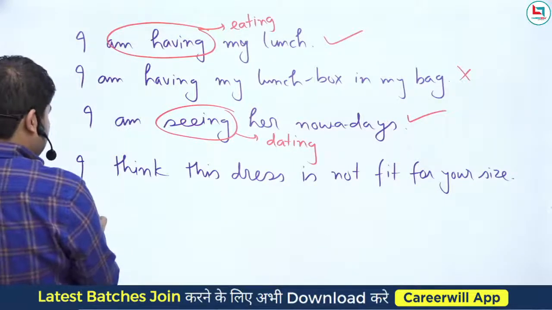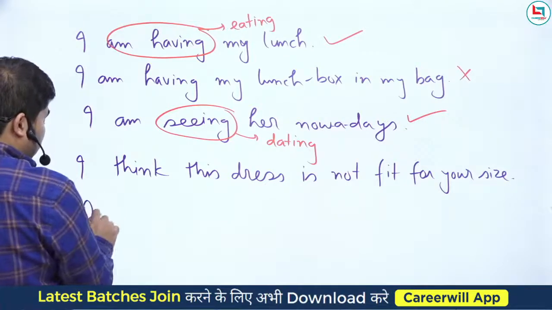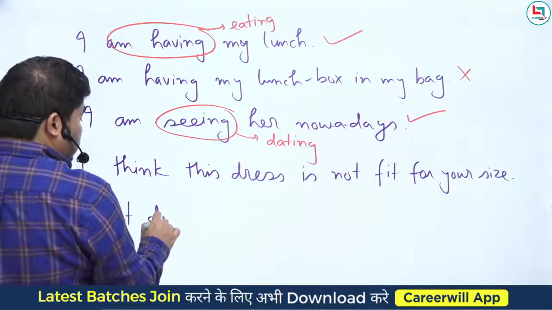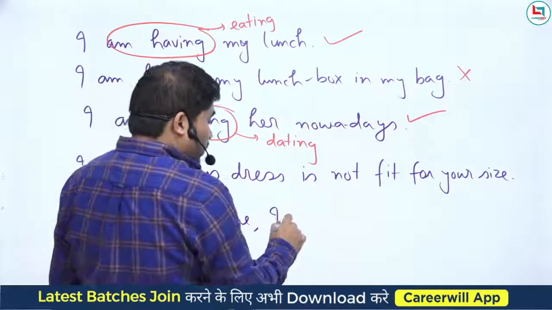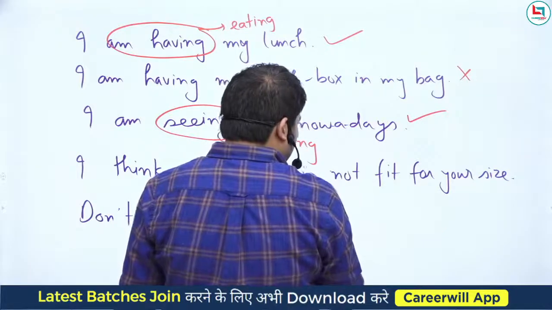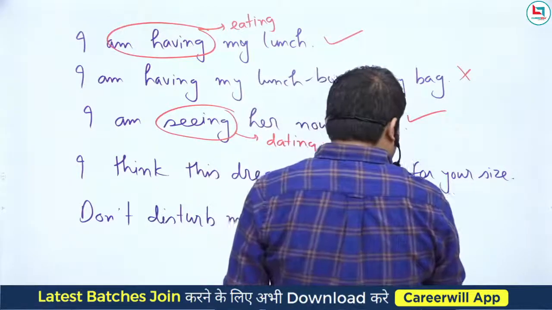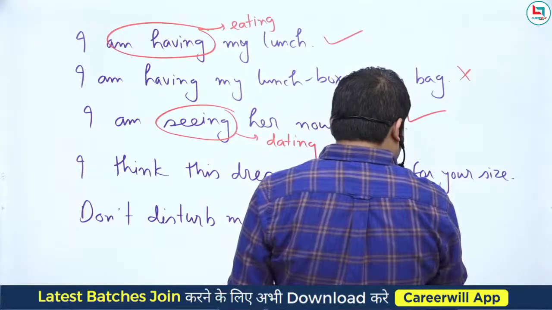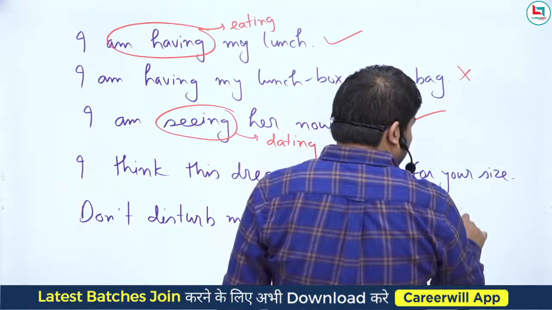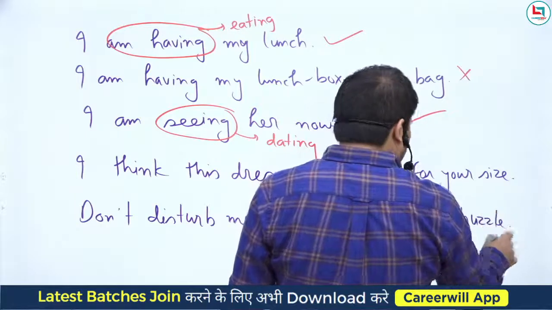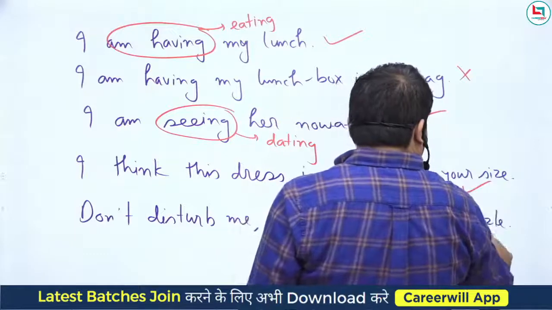And next sentence is, don't disturb me, I'm thinking about this puzzle. Now what you see here, both the sentences are absolutely fine.